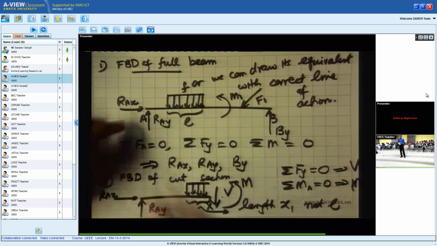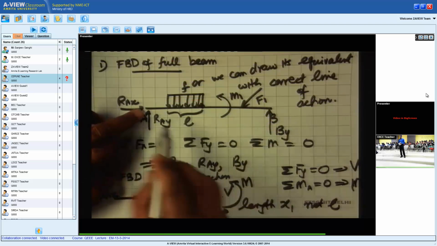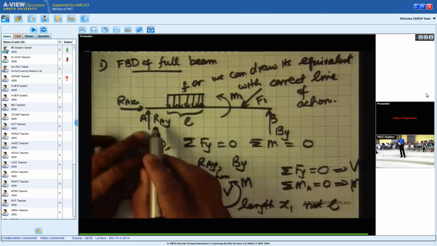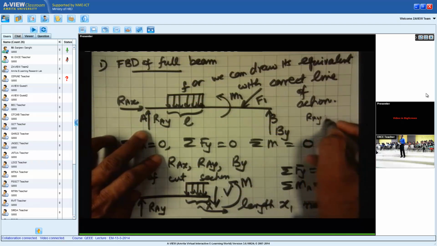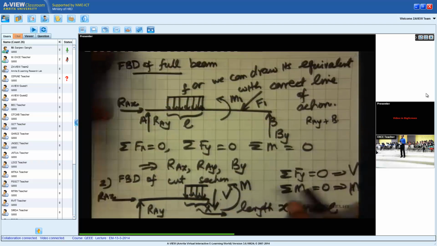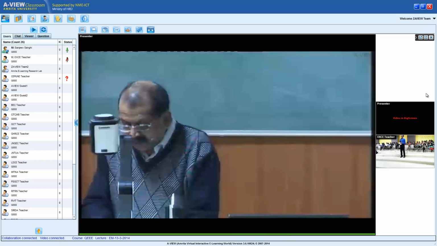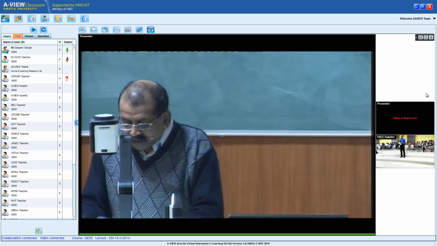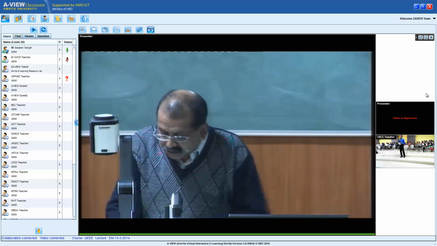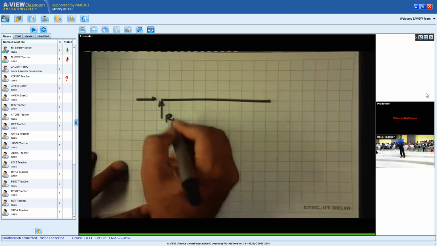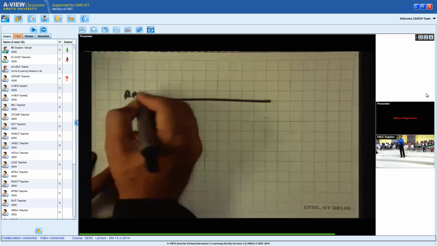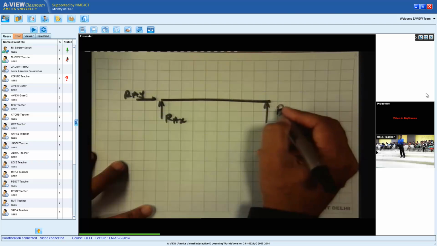Yes, okay. See now, what do I get for sigma Fy equal to 0? I will get RAY. Let me take a simple situation. It's a very good question. Suppose I have a beam like this, with RAX, RAY, and this is RBY.